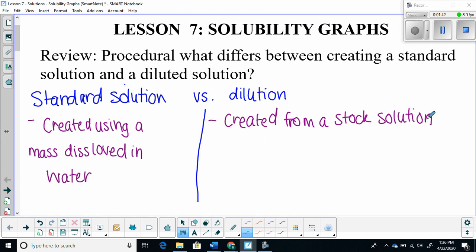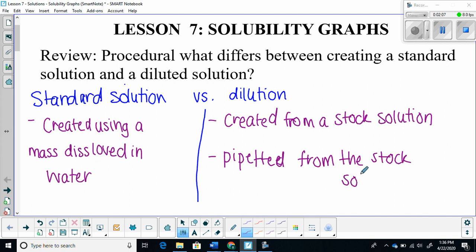We would take a volume from the stock solution and then dilute it with the appropriate volume. And it's usually pipetted, so you have to use a pipette from the stock solution.